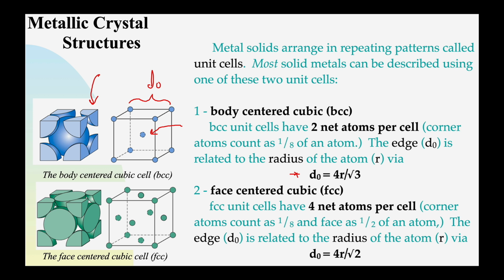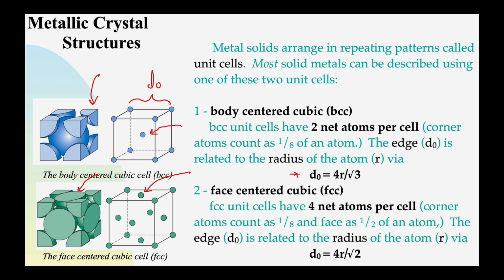Now, face-centered cubic doesn't have the atom in the middle like BCC does. But if you look at that drawing long enough, there are lots of what they call face atoms, these guys right there. And a face atom is half in the unit cell, and half outside the unit cell.